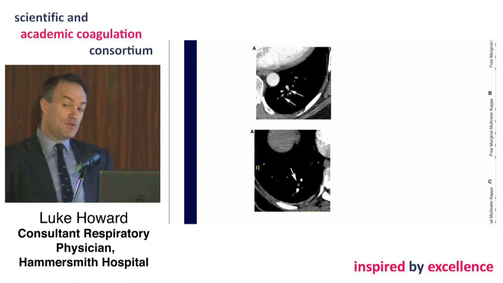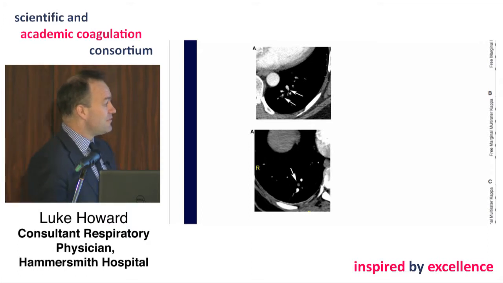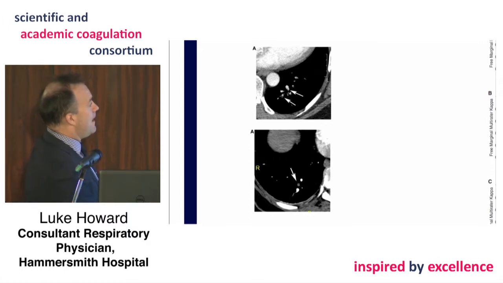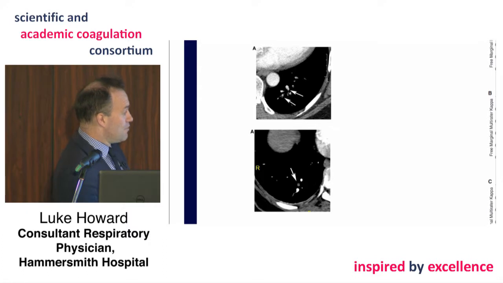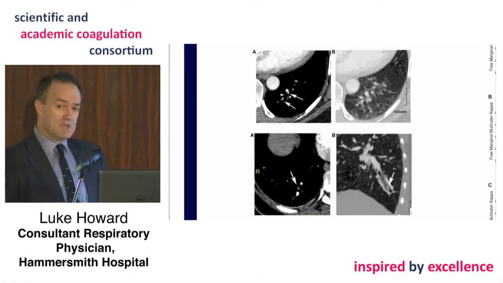If I just give you a couple of examples, here are 2 CT scans from separate patients. If I didn't have quite such a shaky hand, you could see a small filling defect in one of the basal subsegmental pulmonary arteries on the left, there and there. And then you've also got something here that looks like a filling defect on the right side in another patient.